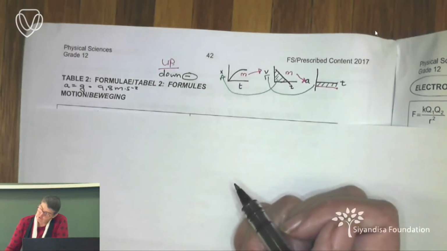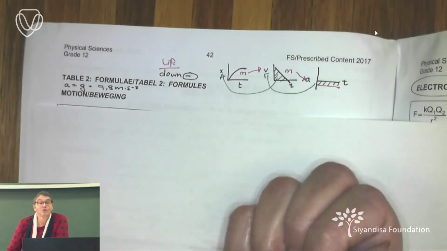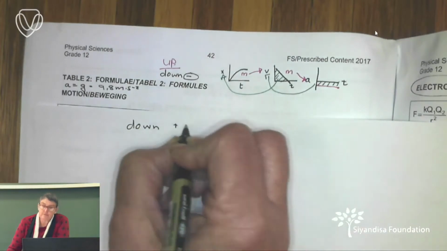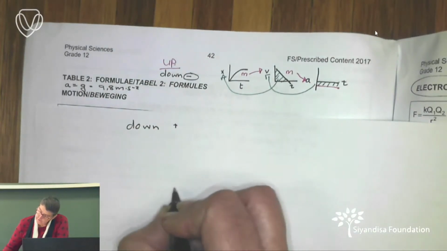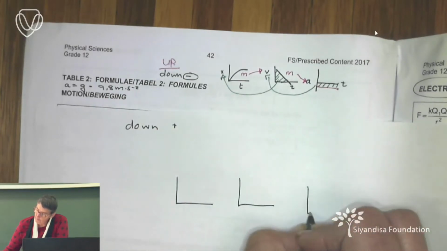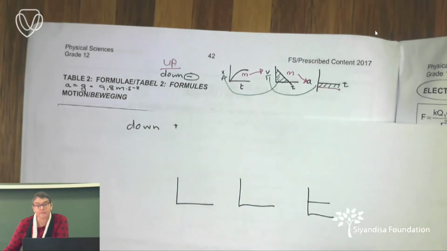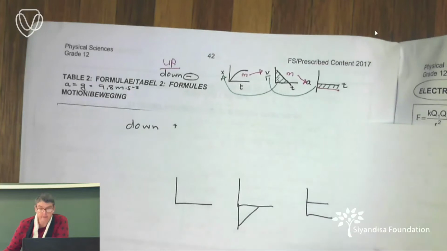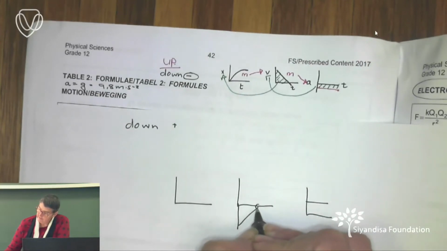Because all I need to remember now is, if they had told me to take down as positive, all that would have happened is my acceleration would have been positive, which means my velocity would have been positive, because remember, here's 0.